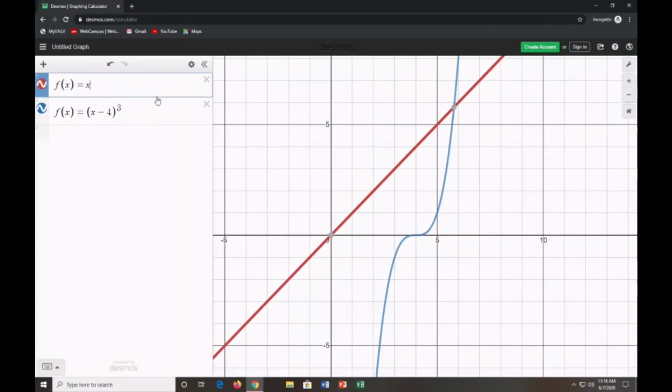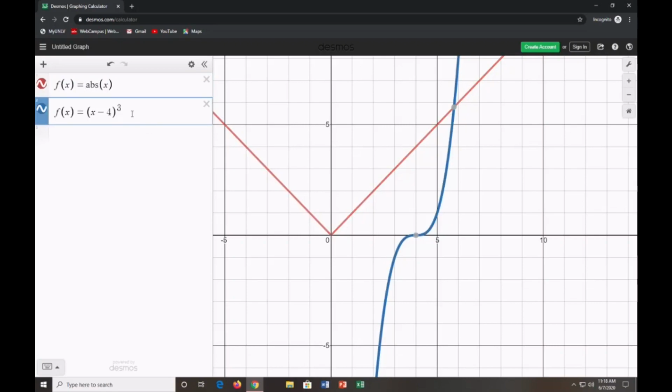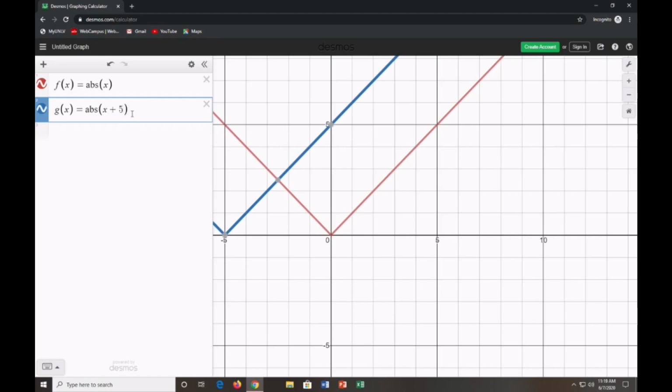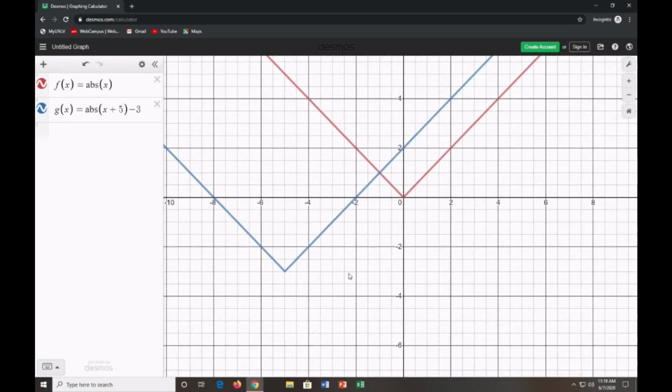First, we have the absolute value function, absolute value of x, and I should get rid of that. And then this other function, which is g of x, or let's call it g of x equals absolute value of x plus 5 minus 3. So let's move this over. Right?